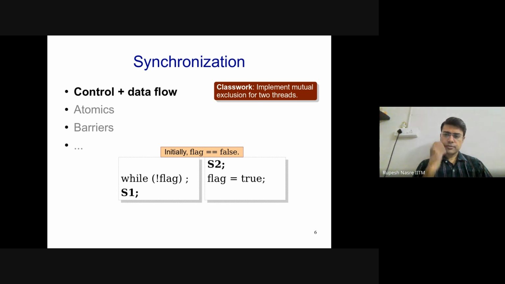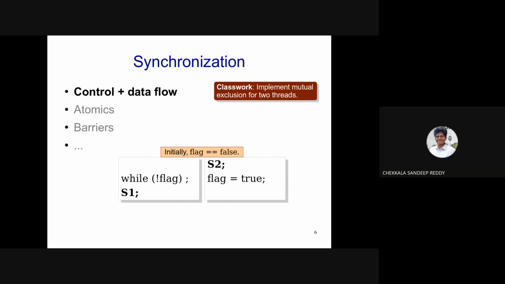Yeah, Sandeep, go ahead. Sir, I have a doubt in this data structure update. Suppose you want to update a data structure, then it is very difficult. If you take a single hash map, internally it may be a red-black tree and each operation may need a different node, but I think we need to block the entire access of the hash map when one thread is dealing with the data structure.